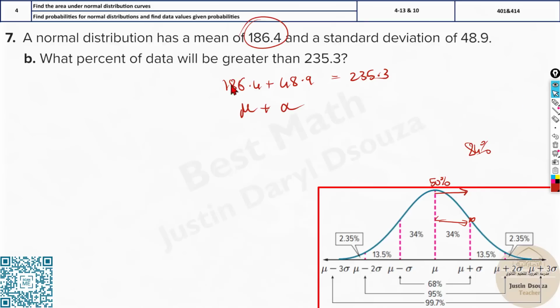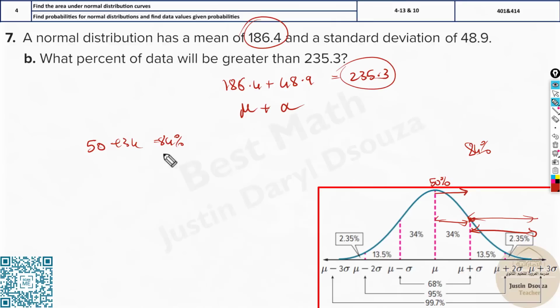Now here one important thing, I just realized it's greater than 235, so we need to find greater. The middle is 50%, right? How much is this point? From the left side it is plus 34, that is 84%. But we need to know how much is remaining beyond that particular value.